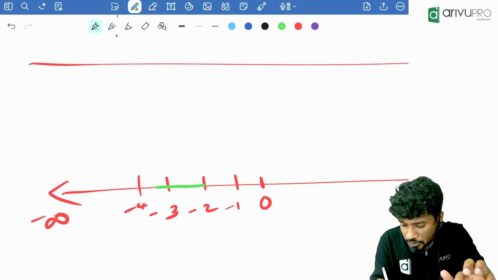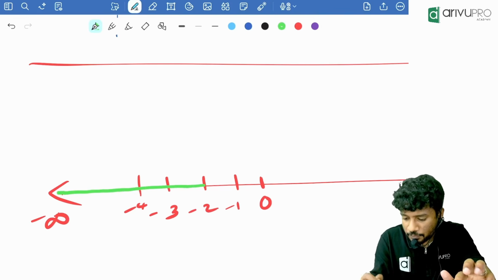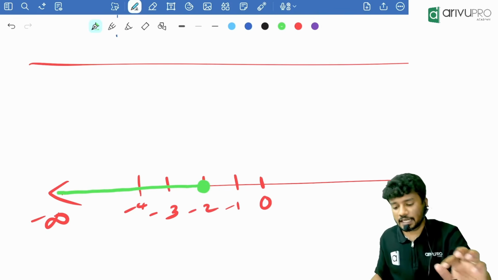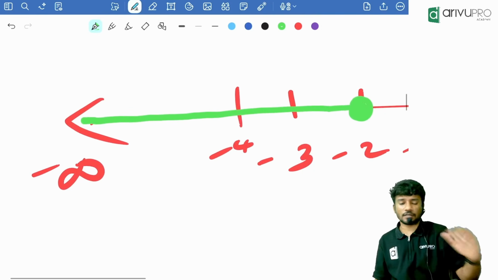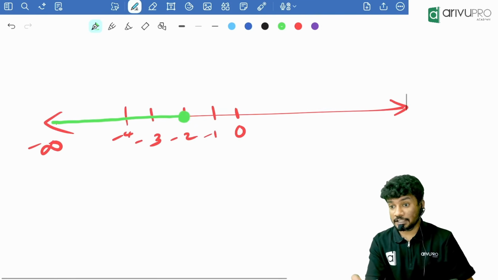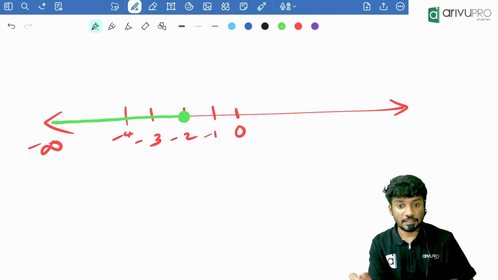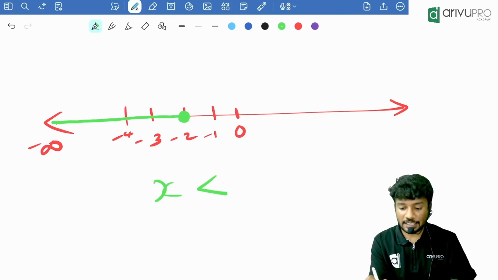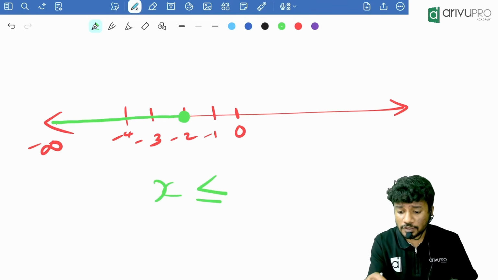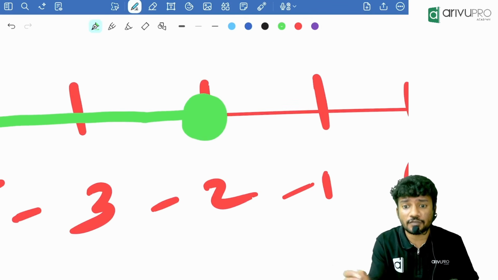From 2 to here, a circle is there which is filled. Can anyone tell me the equation of this graph? Is it greater or less? It is less than. So is it x less than or equal to? Equal to is also there, because 2 is included. Look at the circle. Is it full?